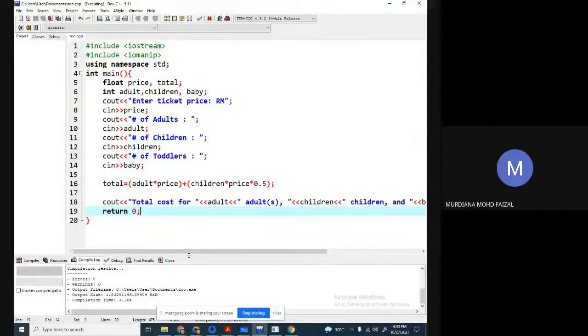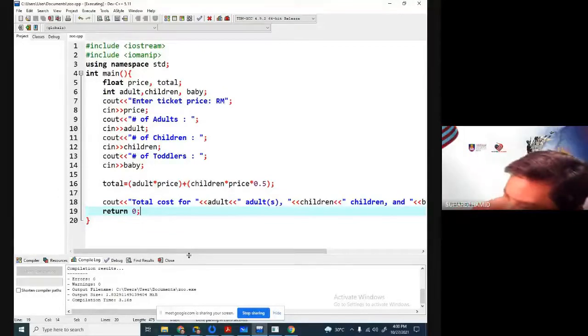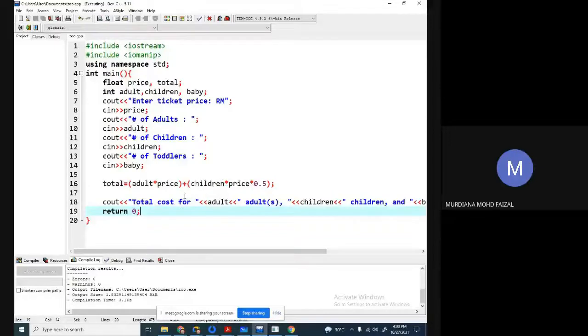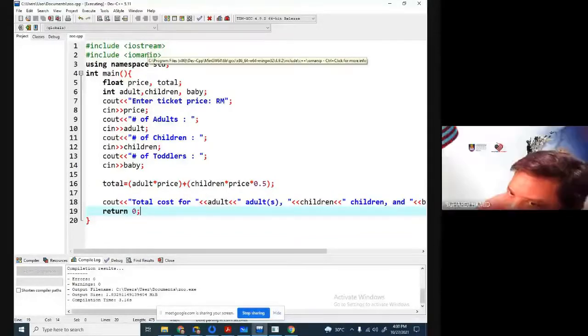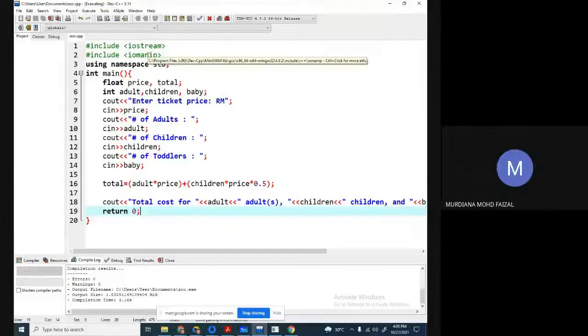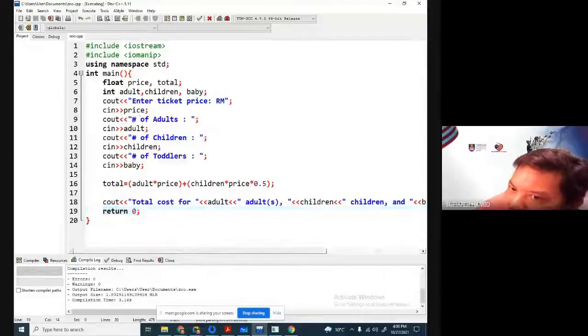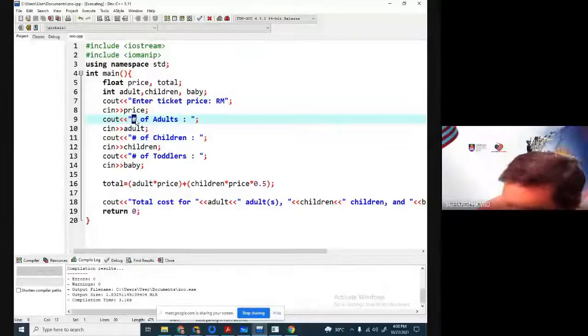Sir, does hashtag have another meaning or just hashtag? Here, line number 9. Hashtag basically translates to number.